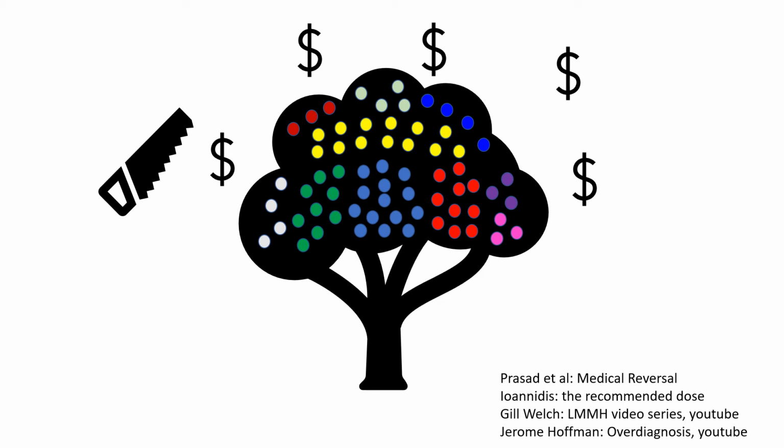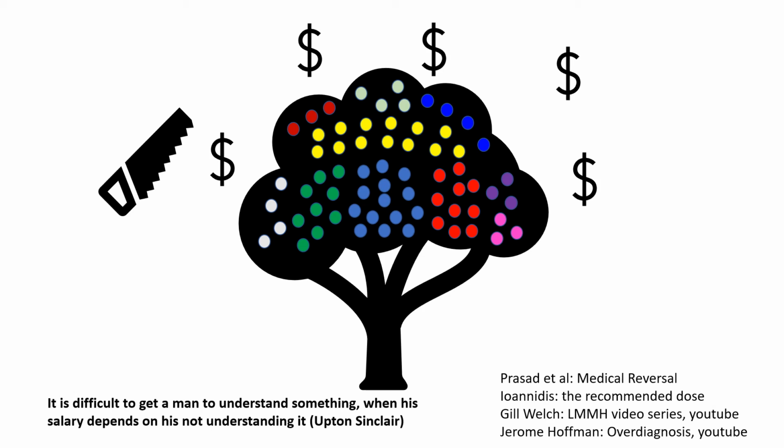We need to be able to cut it off, and that's probably hard because each of these areas now has a patient group and a pharmacological area that invests money in it, and it becomes really hard to actually get rid of. Jerome Hoffman often quotes Upton Sinclair that it's difficult to get a man to understand something when his salary depends on it.